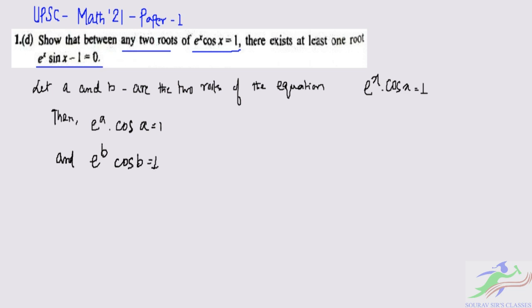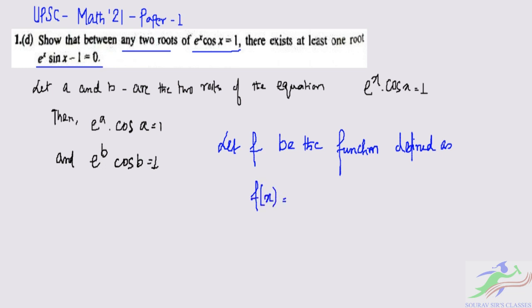Let f be the function defined as f of x equal to e to the power minus x minus cos x.